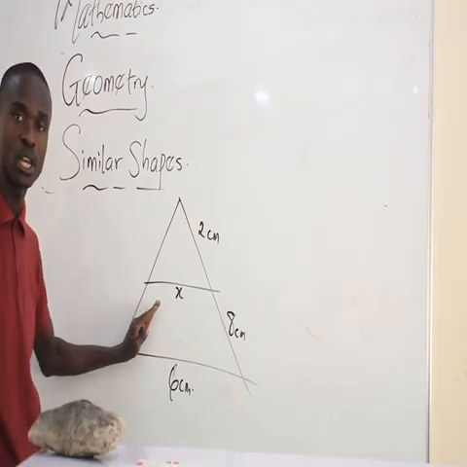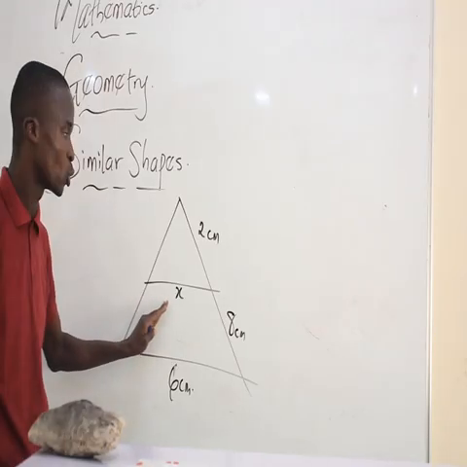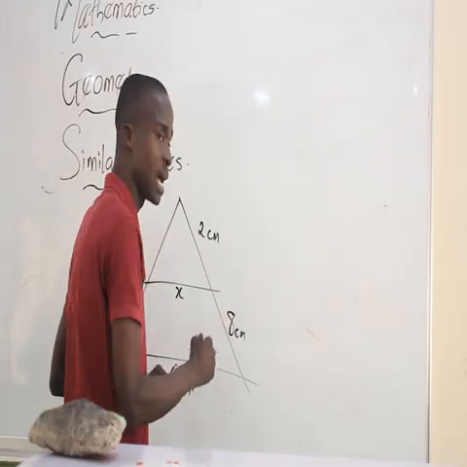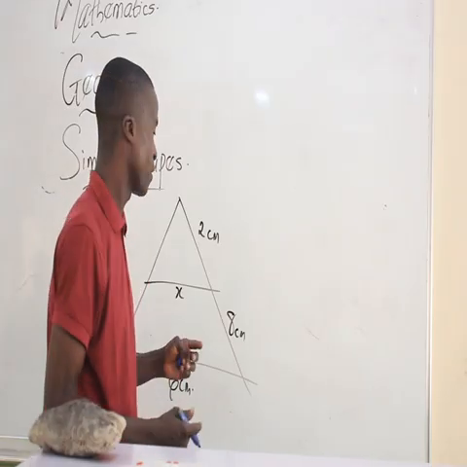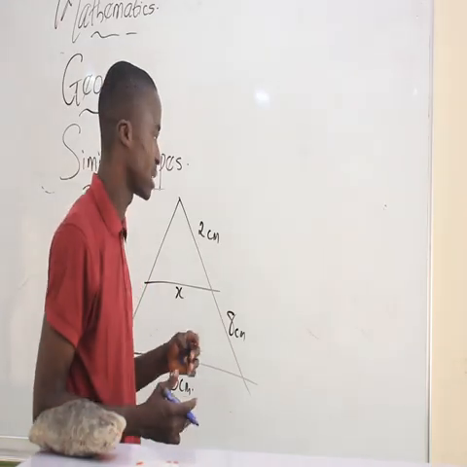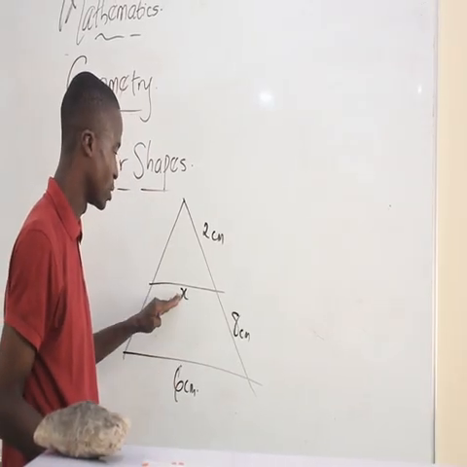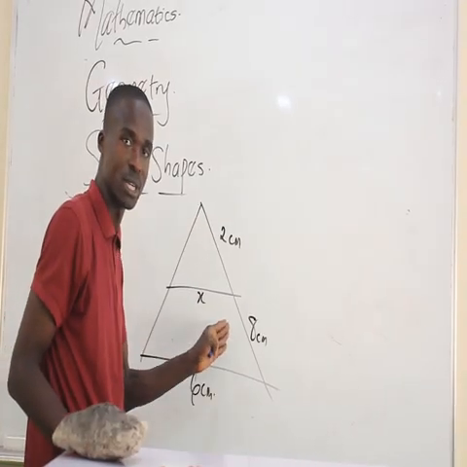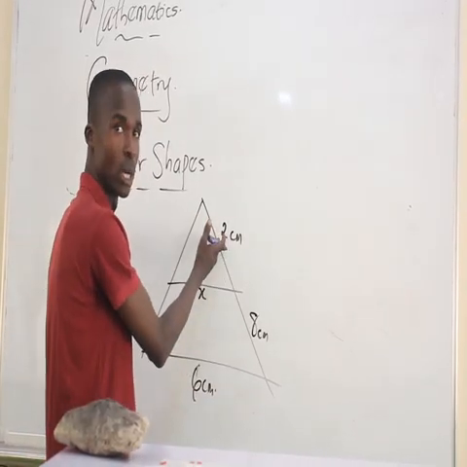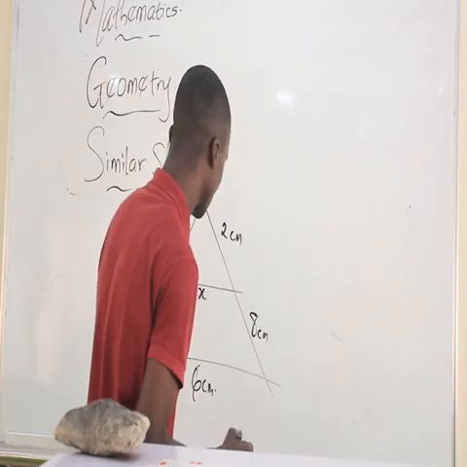For you to obtain the unknown, you have to use this idea of similar shapes. You have to compare sides. Now let's compare it together.